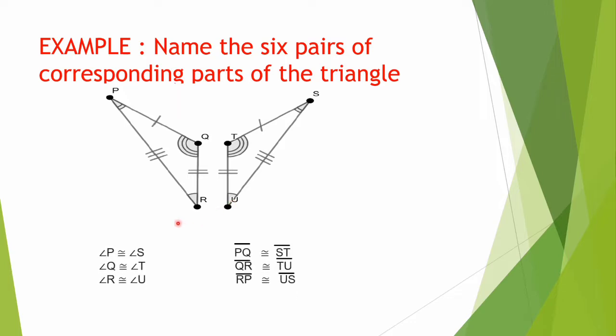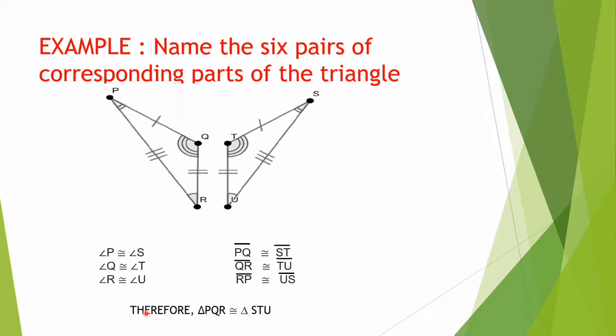For corresponding angles, angle P is congruent to angle S, angle Q is congruent to angle T, and angle R is congruent to angle U. And for the corresponding sides, side PQ is congruent to side ST, side QR is congruent to side TU, and side RP is congruent to side SU.